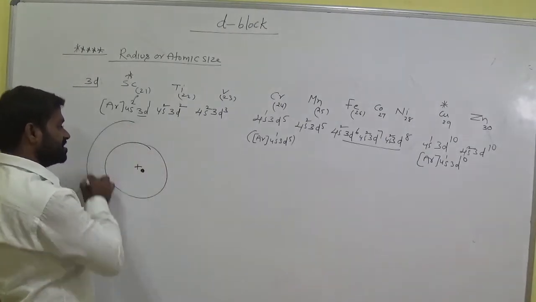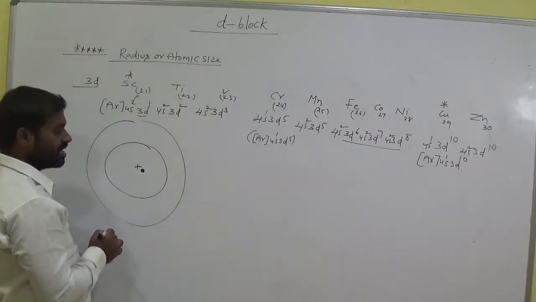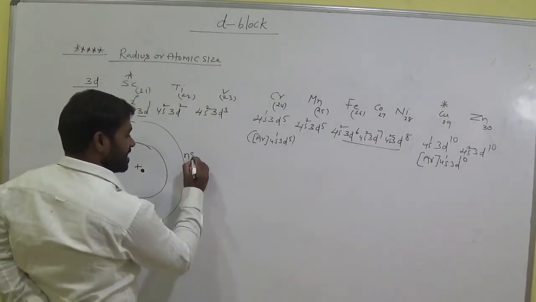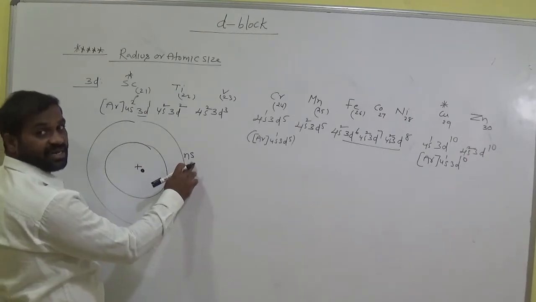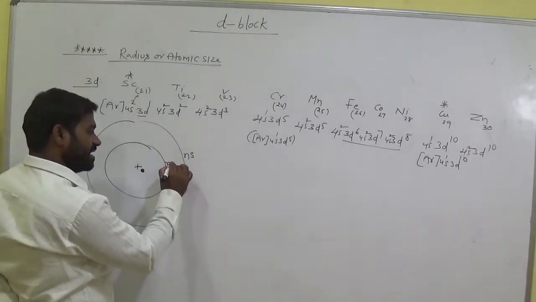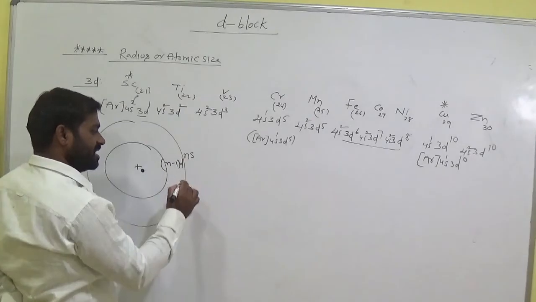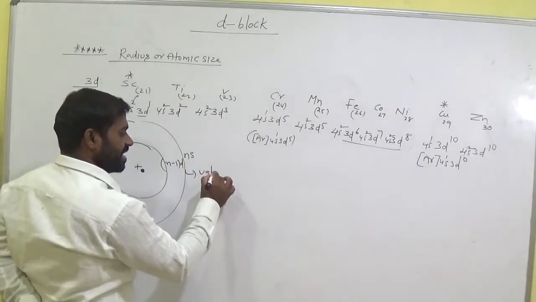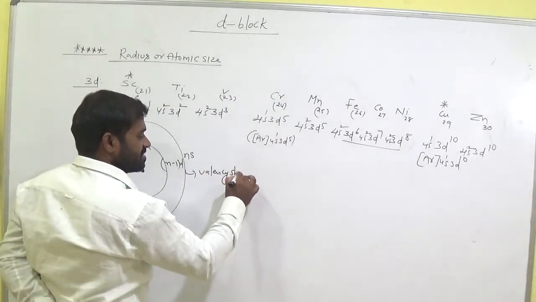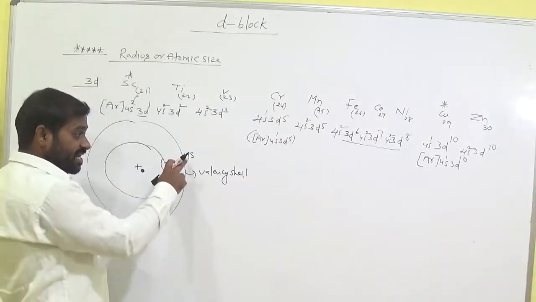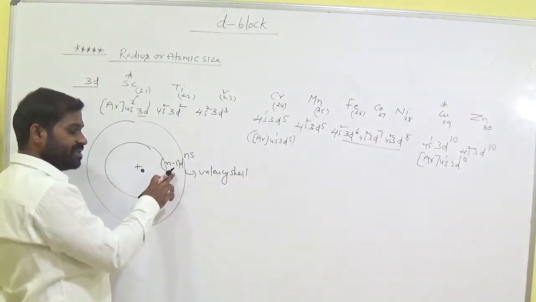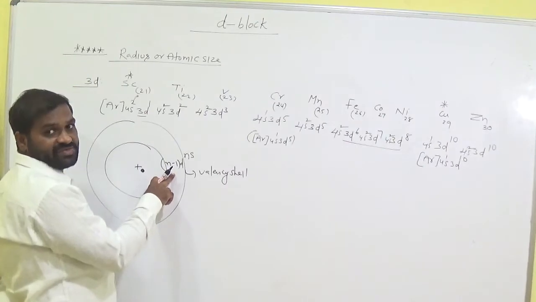These are the orbits. Here is the ns orbital with electrons, and here the n-1 d orbital. The last shell is called the valence shell. Electrons first enter ns, and then they enter n-1 d.